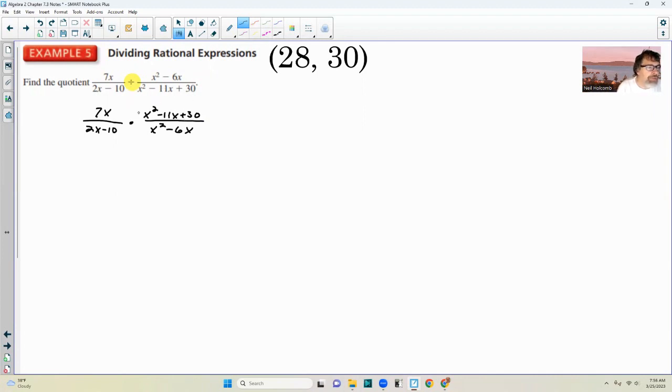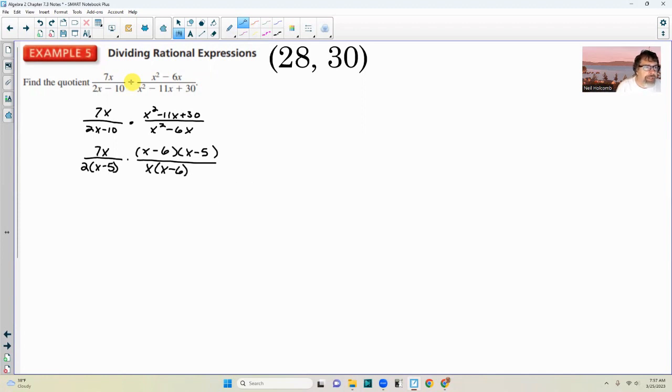All right, so now we're just doing problems we've already done. 7x can't be simplified. I can factor a 2 out here, leaving me with x minus 5, times, and I'm going to factor the numerator: factors of 30 that add up to 11, and they're the same sign, both negative. Well, 6 times 5 is 30, 6 plus 5 is 11, so there it is. And then I can factor out an x from this, so x times x minus 6.